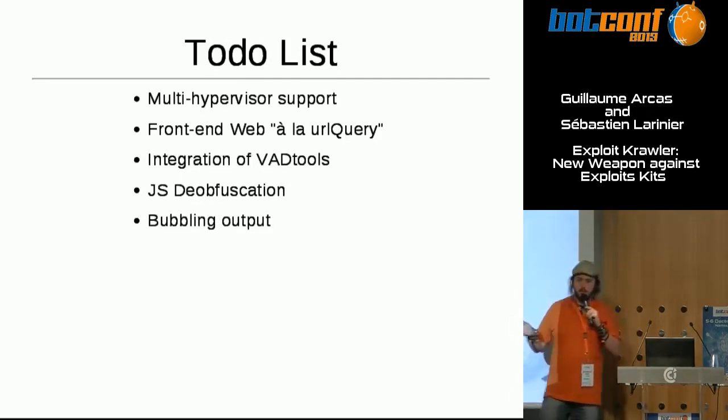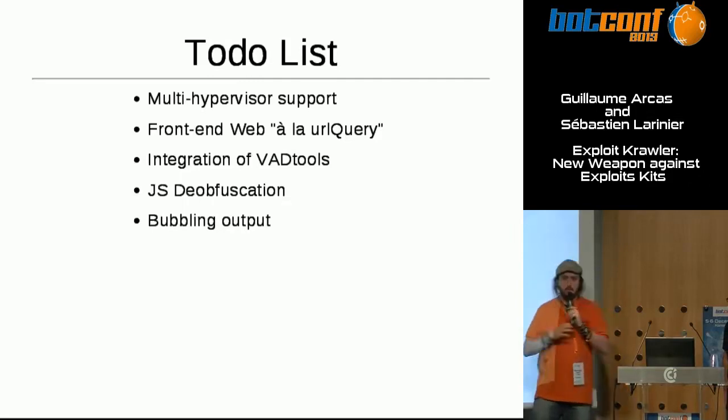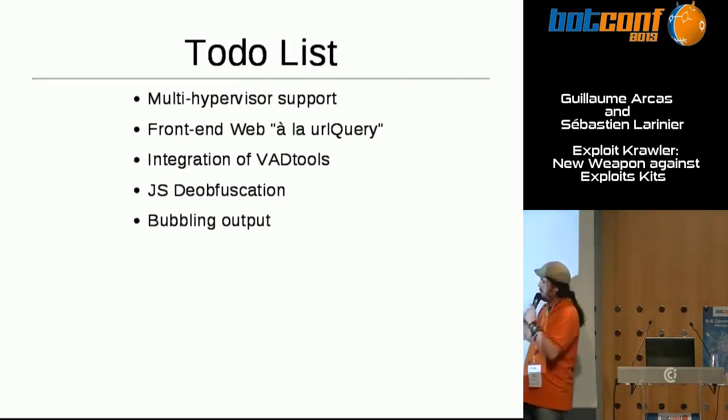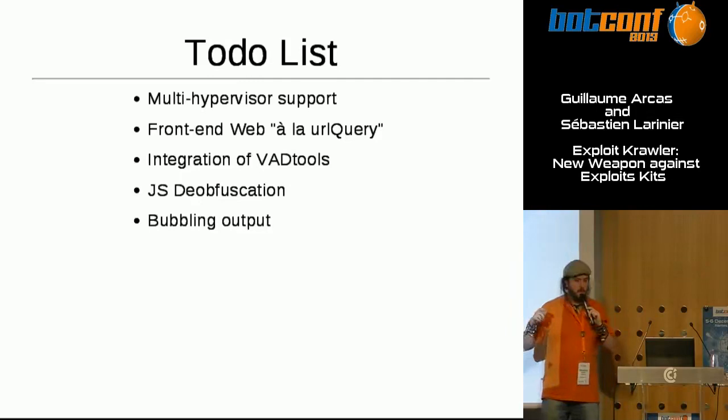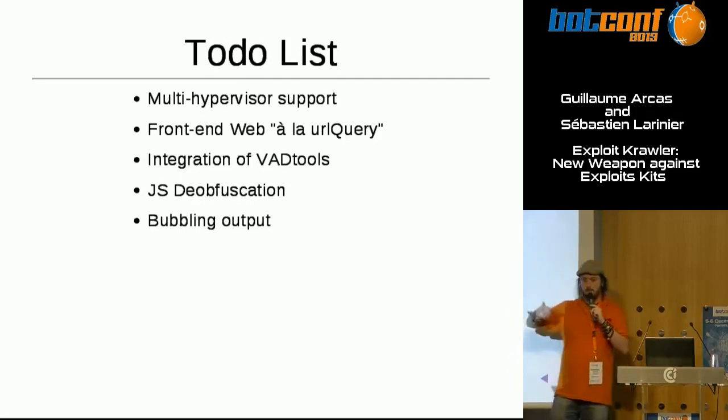For example, if you catch an ActiveX exploit, you execute only Internet Explorer. And we can drive the Android browser, because Selenium for Android browser exists, and we have different virtualization machines to store and launch in parallel.